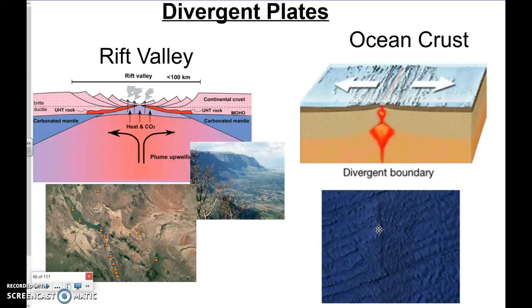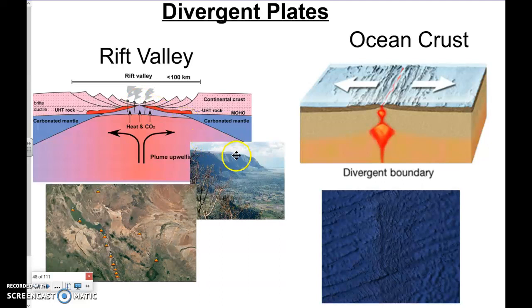Another example of where a diverging plate can happen is underneath a continent. New convection currents are created. They start to move underneath one continental plate, and it causes that continental plate to rip or rift apart, which is why it creates what we call a rift valley.